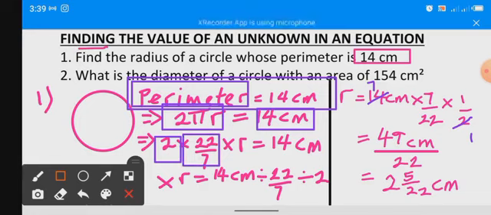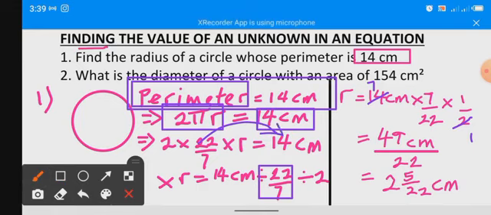When you take 22 over 7 to the right hand side, it becomes divided by 22 over 7. The sign here is also times. This is times 2. We did not write the times there.